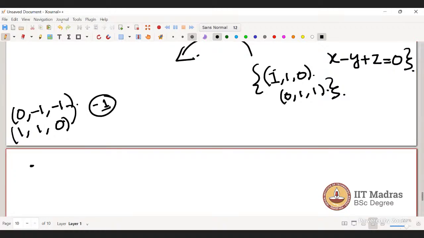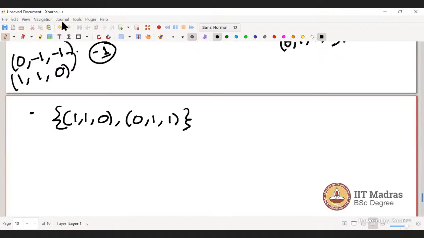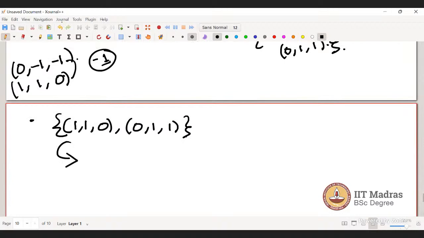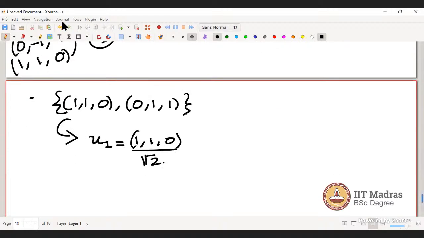My first target is to get an orthonormal basis out of this basis. The first one is pretty easy. U1 is basically (1, 1, 0) divided by its norm, the root. Since it's basically two vectors, finding U2 is also not that difficult.